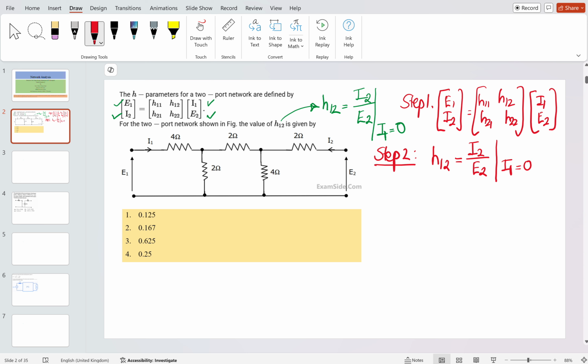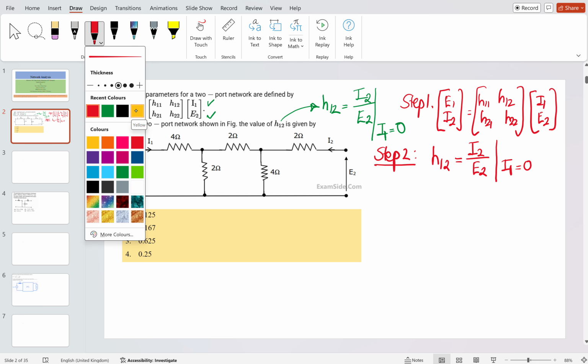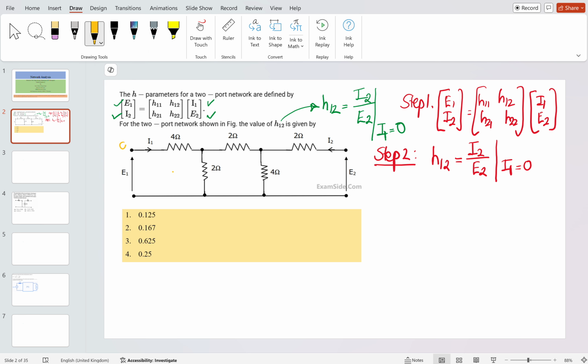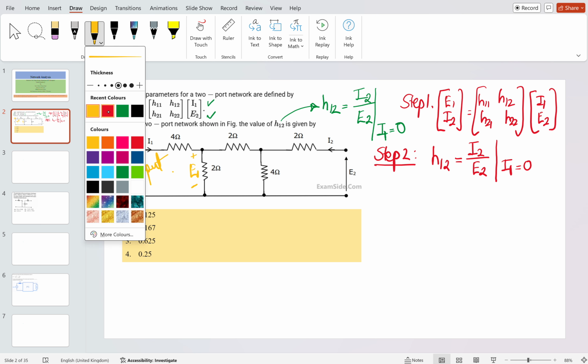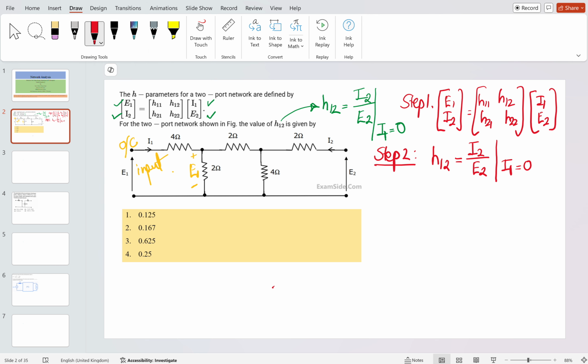It means that you open circuit from the input side. So the same voltage, this E1, will appear here. It was asked what is the ratio I2 by E2.